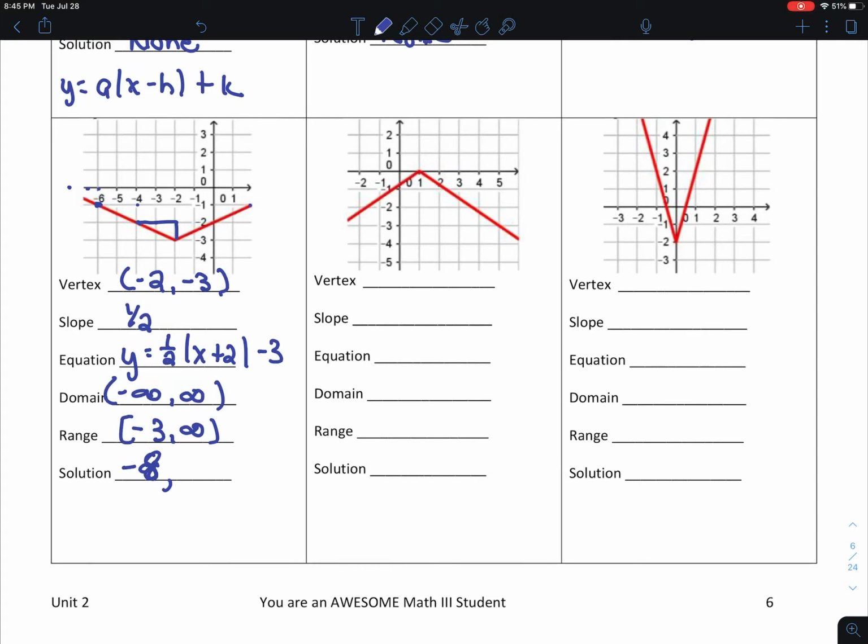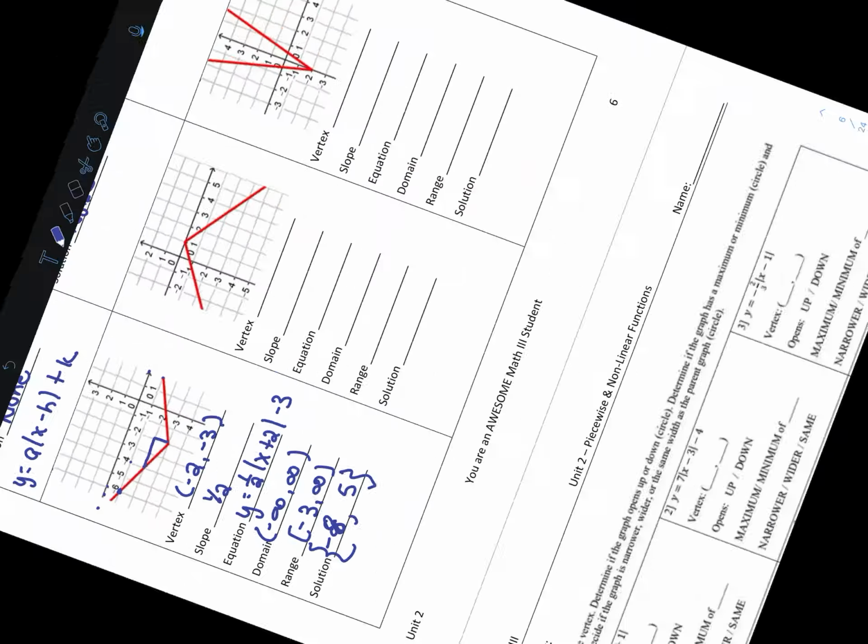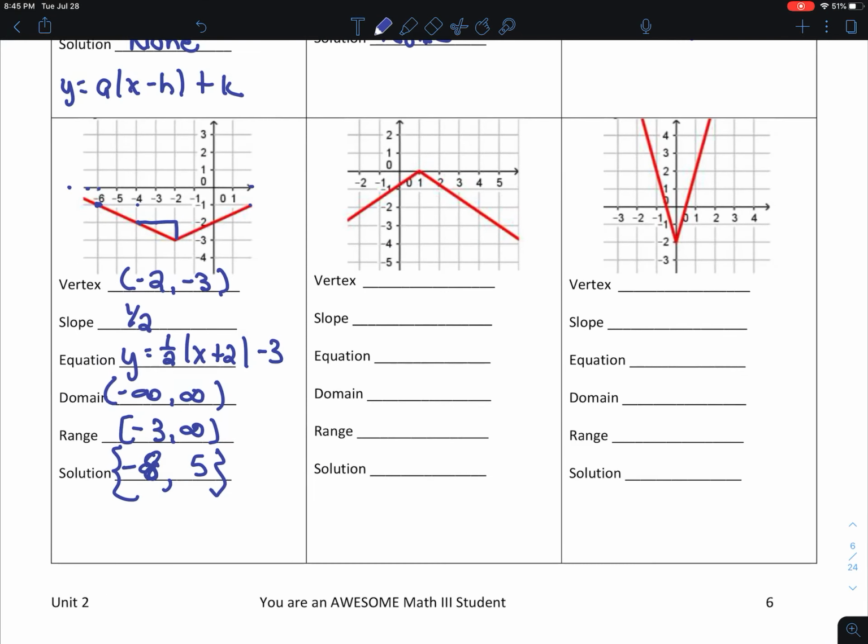And over here, up 1 over 2, up 1 would take us to 2, and then over 2 would take us to 5. Those are estimates. If I gave you this on the test, I would give you a graph that's a little easier to read.